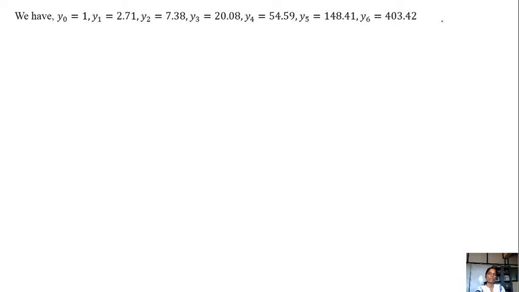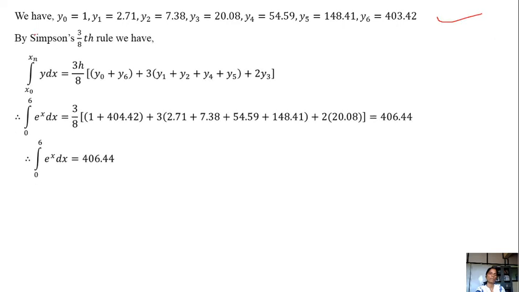I have written the given functional values, and now Simpson's 3/8 rule: the integral from x0 to x0 plus nh of y dx is 3h by 8, in brackets initial plus final, so y0 plus y6, plus 3 times in brackets those terms which are not multiples of 3.